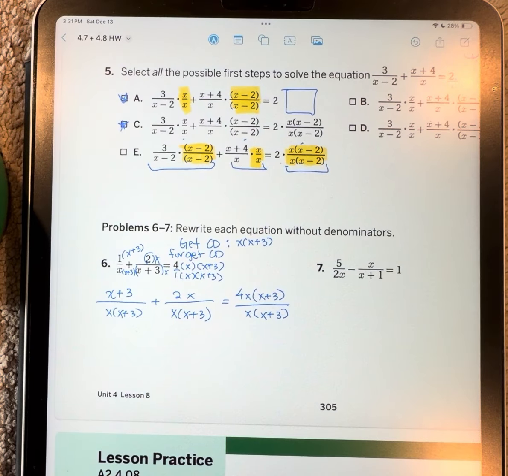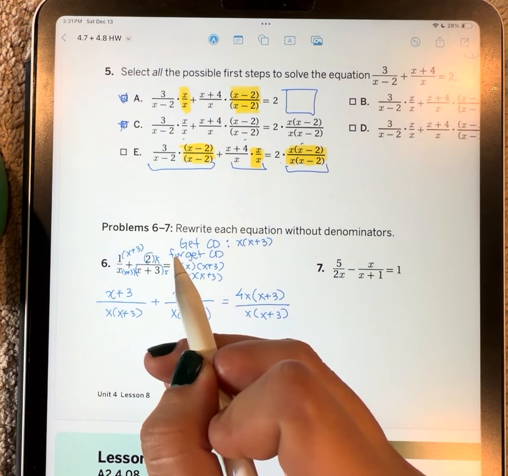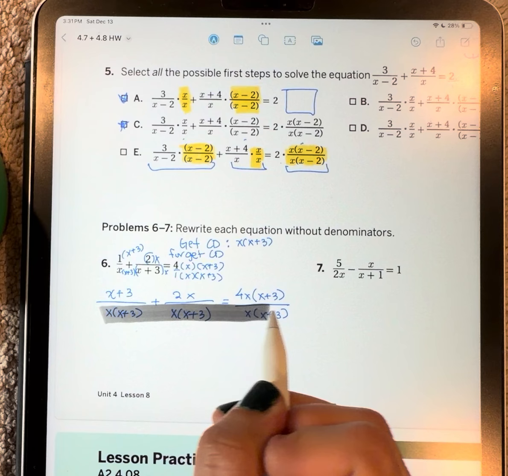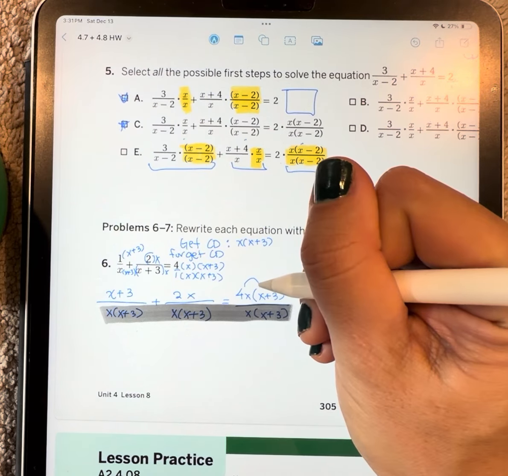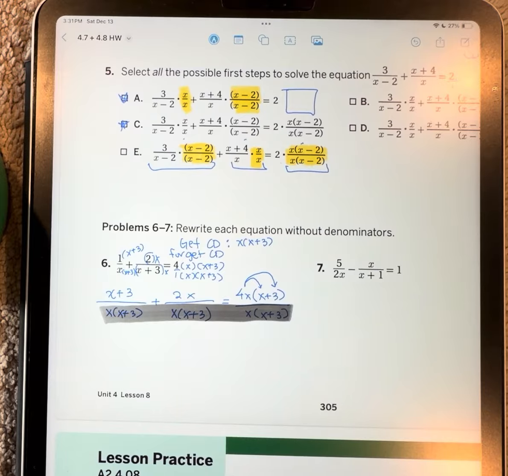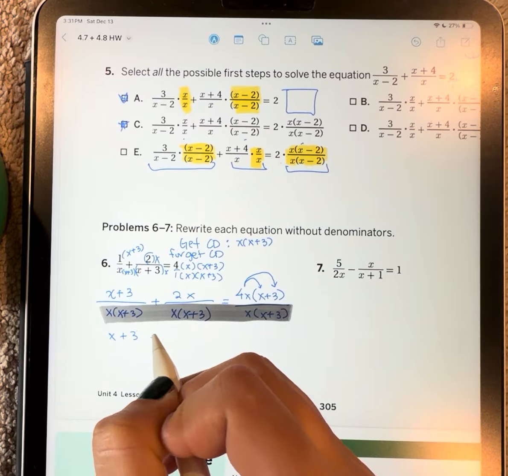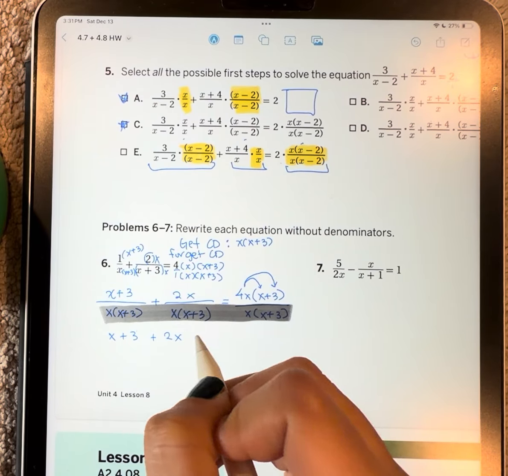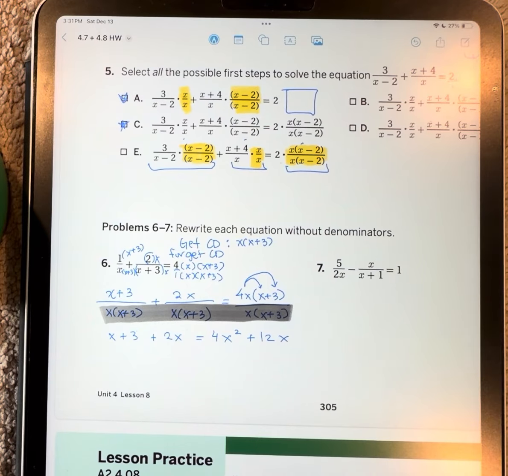So what I've got now is a common denominator everywhere, so it's time to forget the common denominator. But what I also have, you guys, is a situation where I need to distribute, and I'm going to draw these lines right now so I don't forget. This is x plus 3 plus 2x equals 4x squared plus 12x.